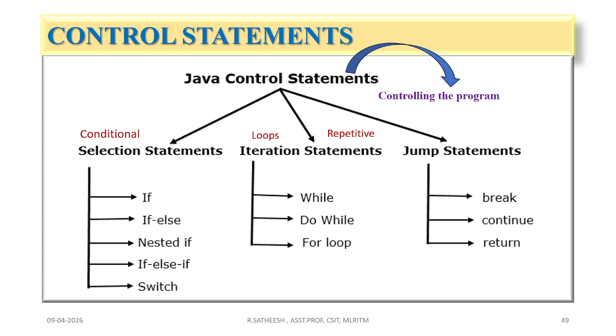The selection statements are classified into different types: if statement, if else statement, nested if else if, and switch statement. Iterative statements are classified into three types: while, do while, and for loop. Jump statements are break, continue, and return. Now we'll see them in detail, one by one, with the help of programs.